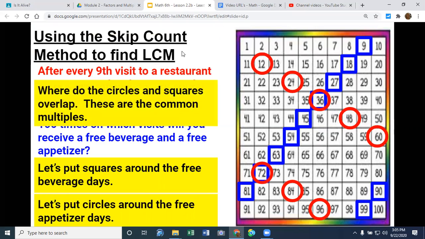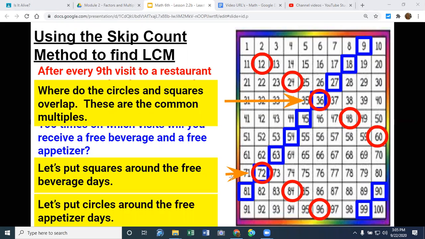Where do the circles and squares overlap? These are the common multiples. Do you see where they are? Let me get a different color so that we have a different color. We see them at 36. We see them at 72.